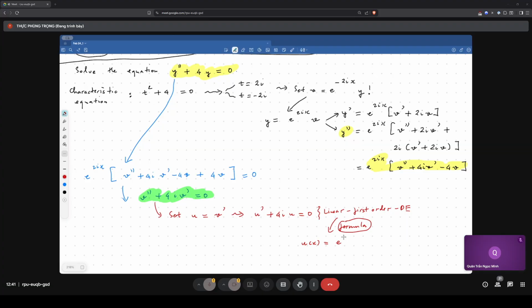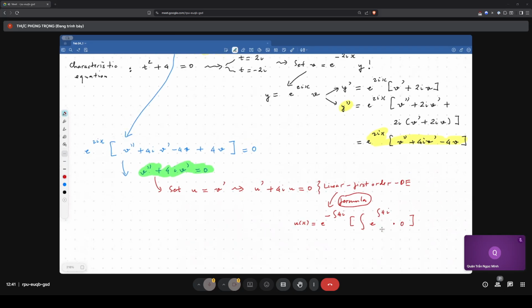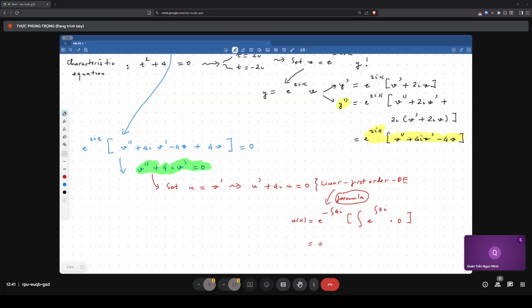Do you remember the formula we have right here for u? Right, so in the end you get e to the power minus 4is times c1. This is 0, so you have 0 ds, this is c1, right?